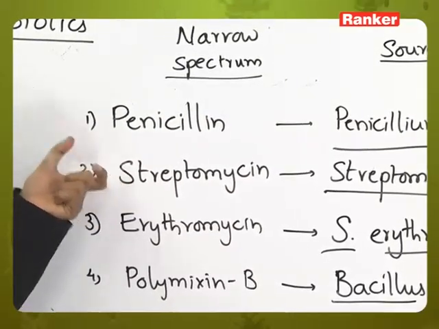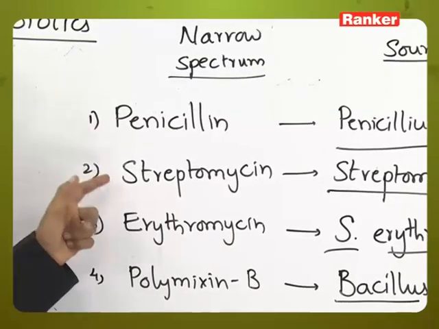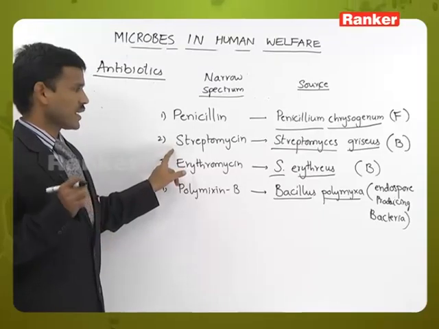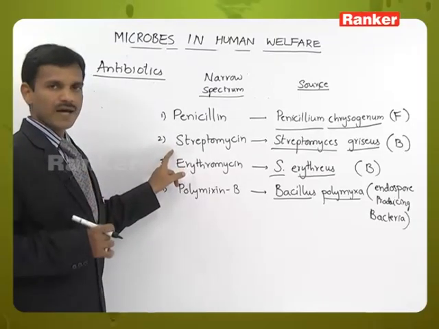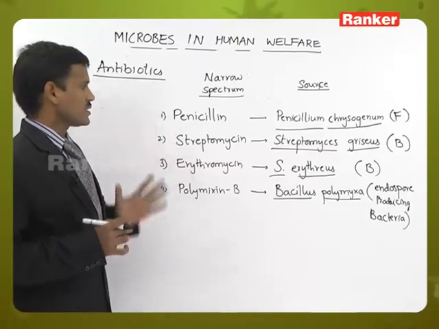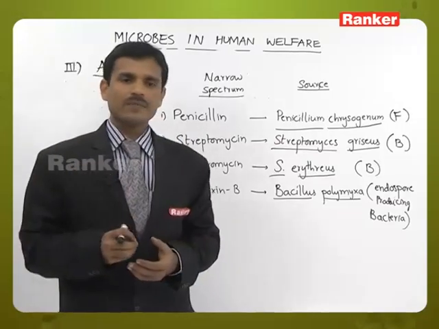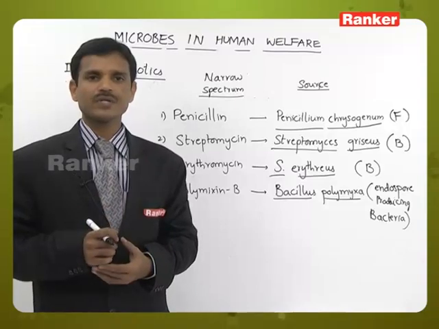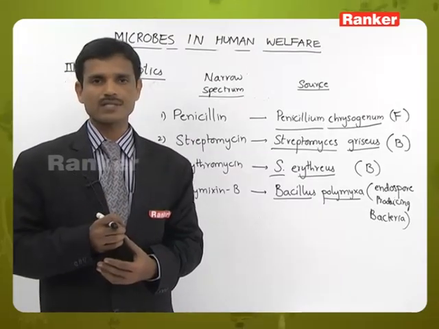Streptomycin was observed, identified and extracted by the scientist Waksman. For the discovery of penicillin and also of streptomycin, these scientists got Nobel prizes.